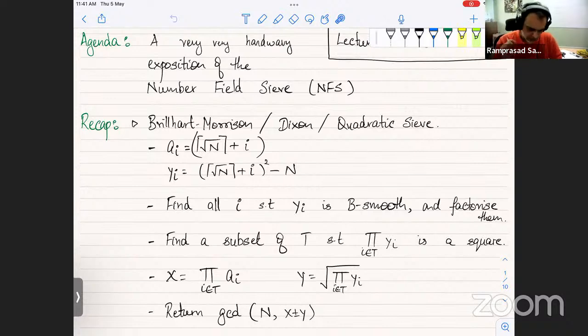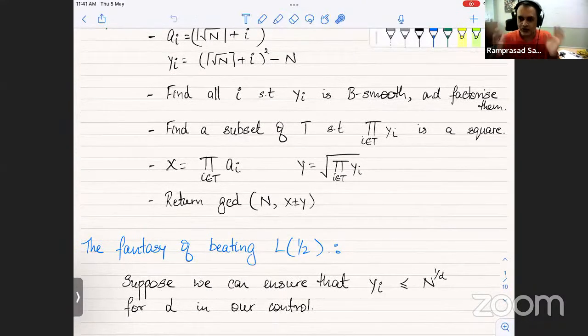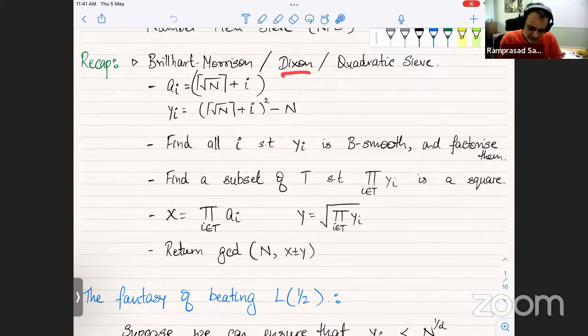Okay, so let's try this fantasy: suppose I want to beat this L half. I want to go somewhere below L half, and we want to get a sense of what I can do in this process. One thing that really helped is that in Dixon's algorithm, we were picking these ai's completely at random, and the yi's were basically ai squared mod n, so all of these yi's look like a random number from 1 through n.